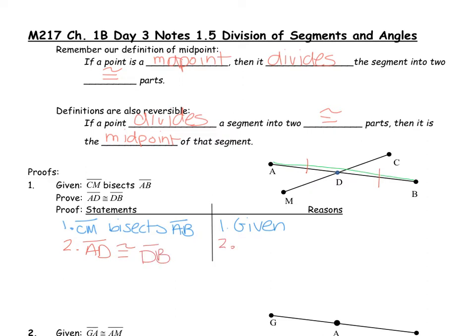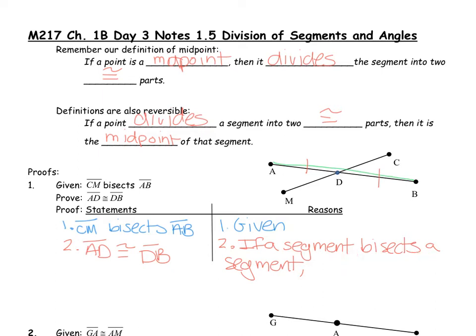And here's where we have to be careful. We're going to start with if a segment bisects a segment. That's what we have here in the given. Something bisects something else. So that's in general in the reasons area.